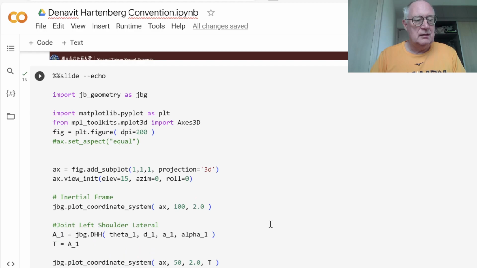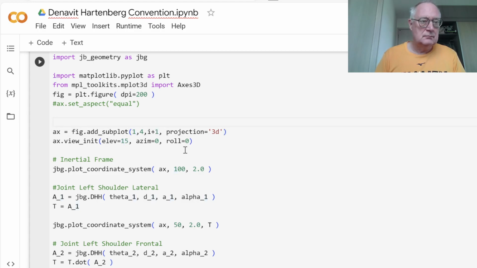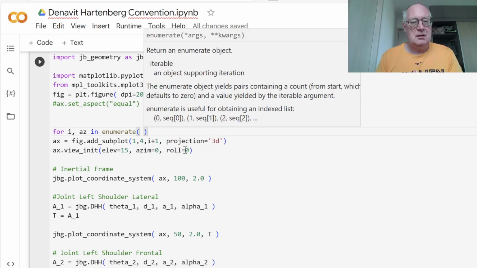So let's enumerate some angles. I think the angles are actually in degrees.